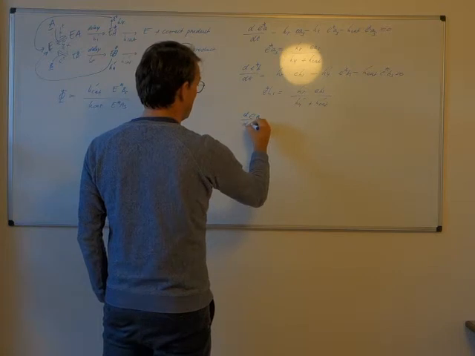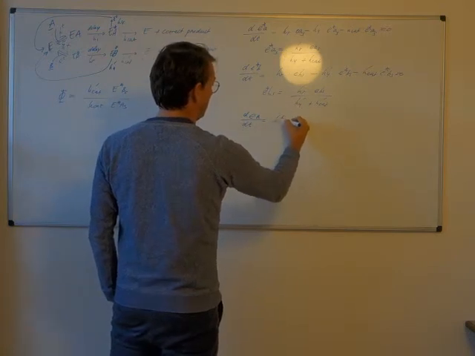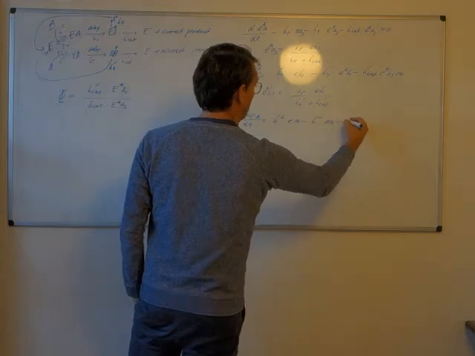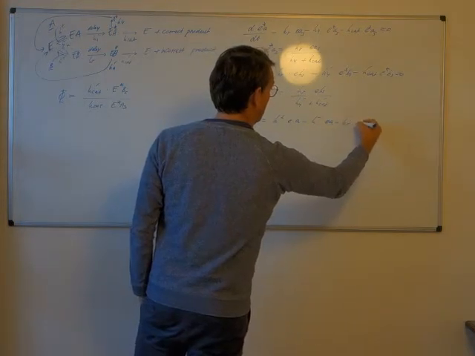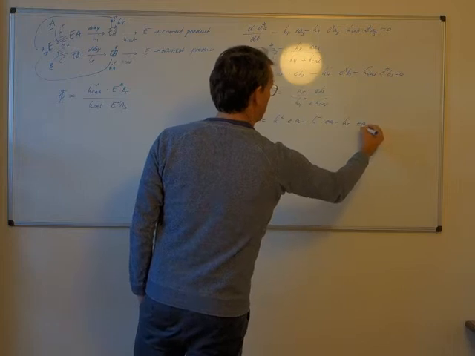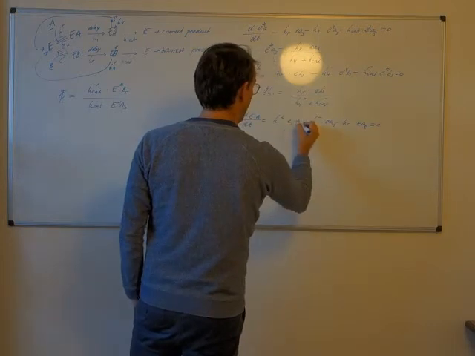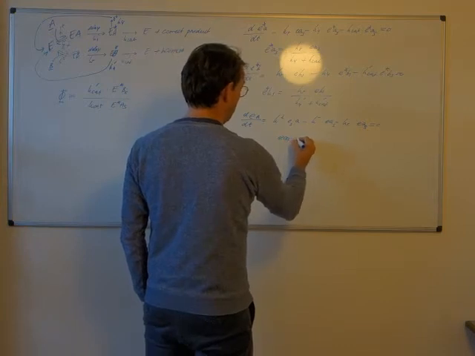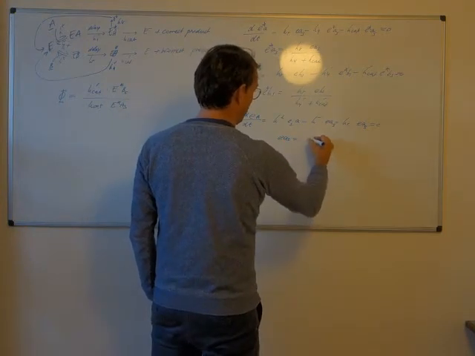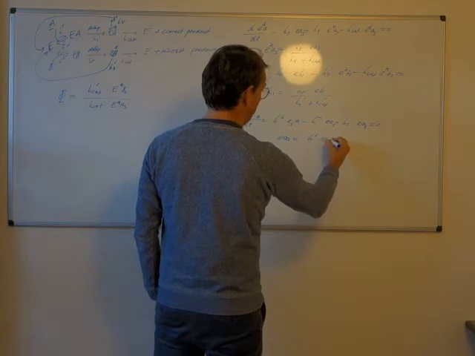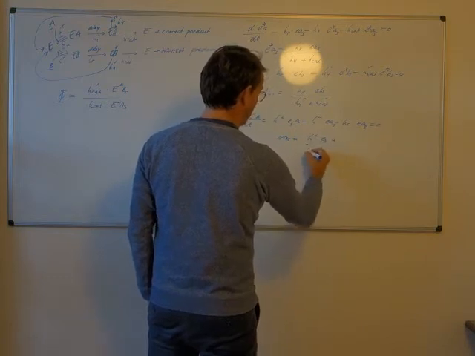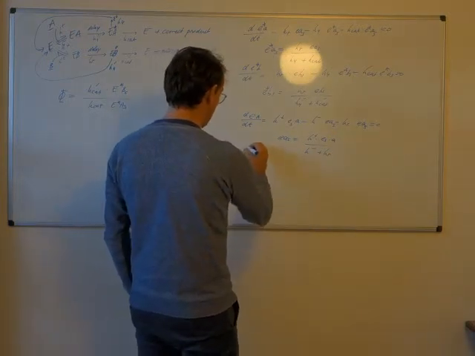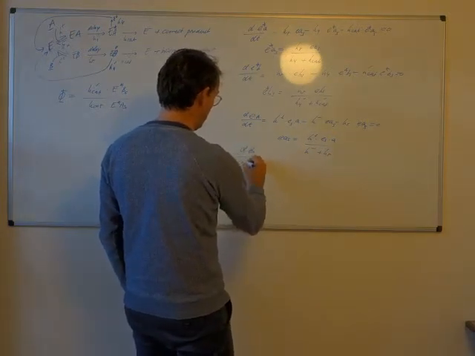EB is... we're going to do this at steady state. So that means that A is at steady state. KR, and we need to write down the balance for EB.